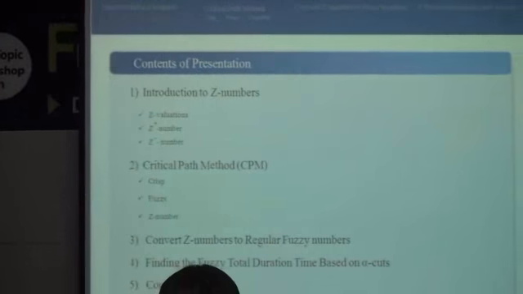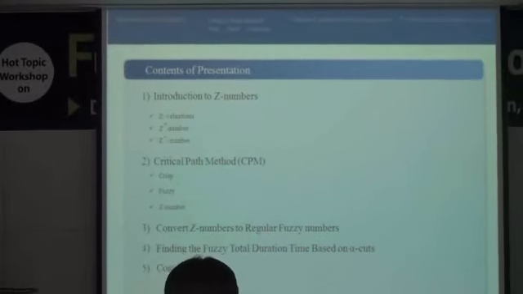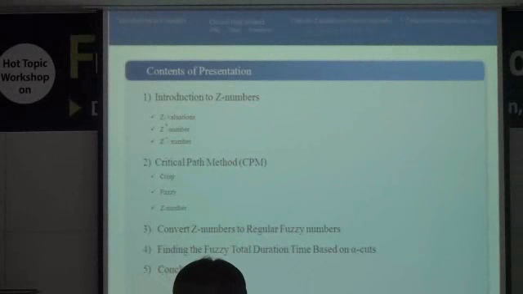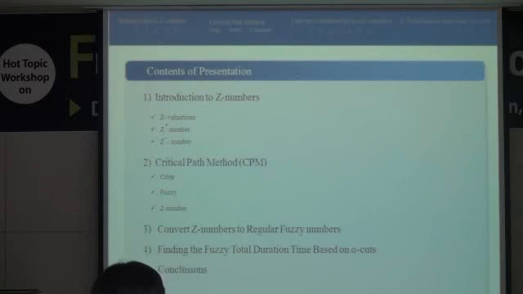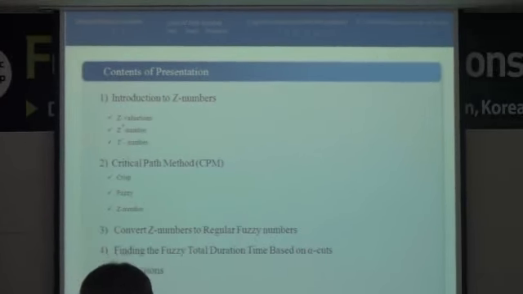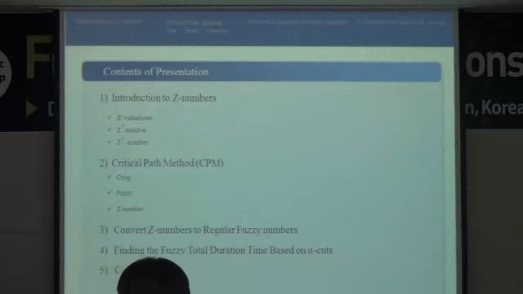In the first part, I will describe Z numbers and some related concepts such as Z valuation and Z plus number, and also Z minus number, and some advantages and disadvantages of using these concepts.